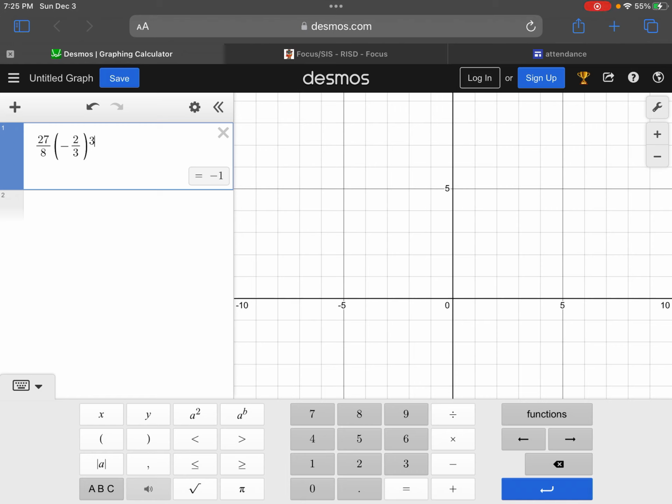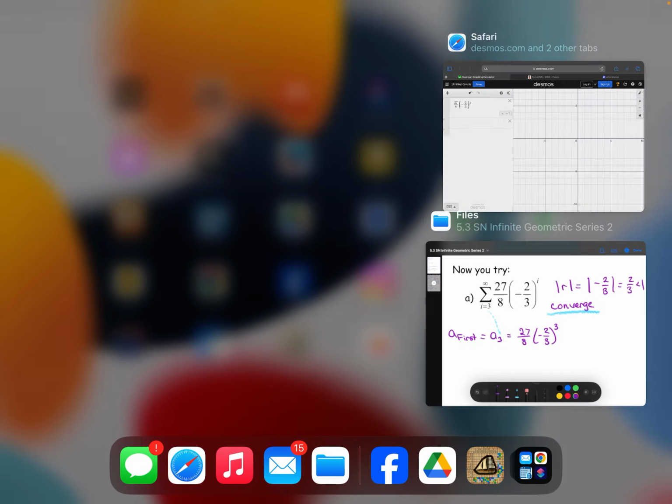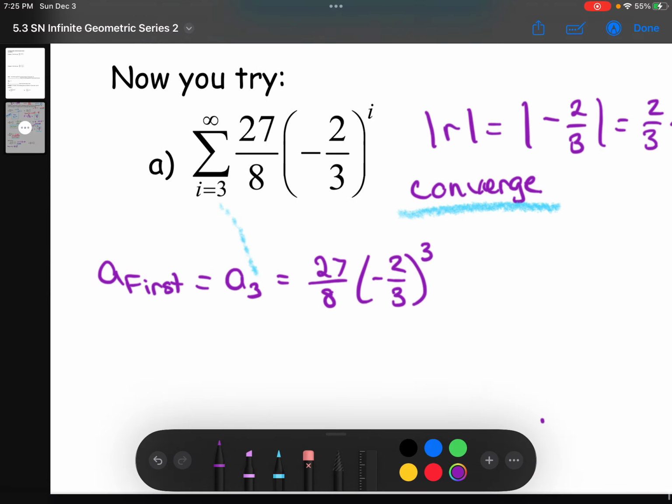Probably worked out better than you thought it would. But remember, this denominator 3 to the power of 3 is 27. So negative 1 is our A first.